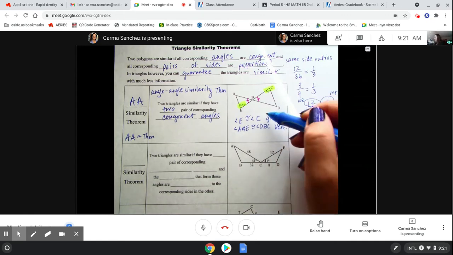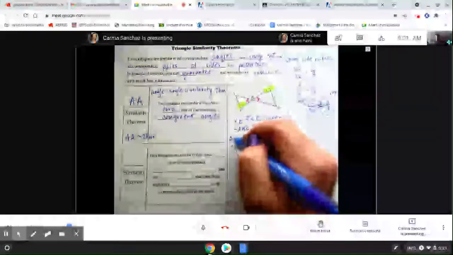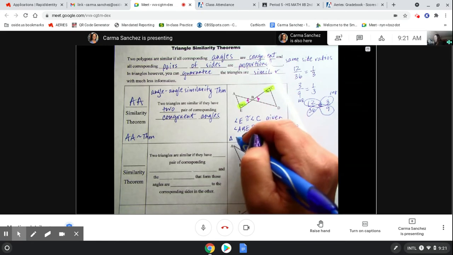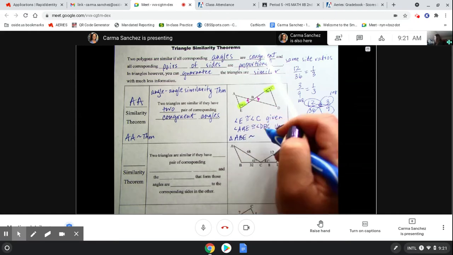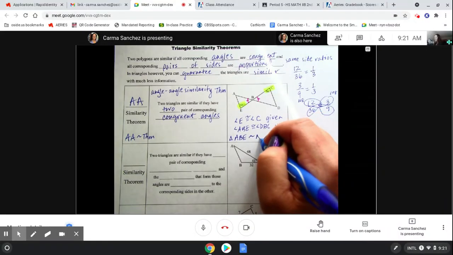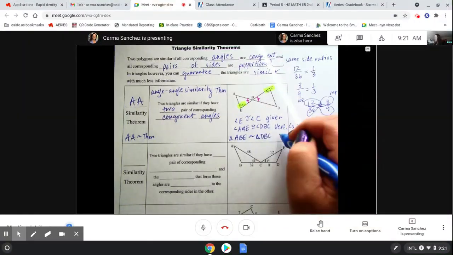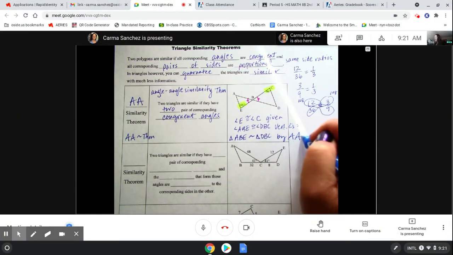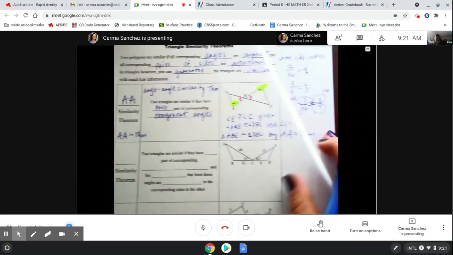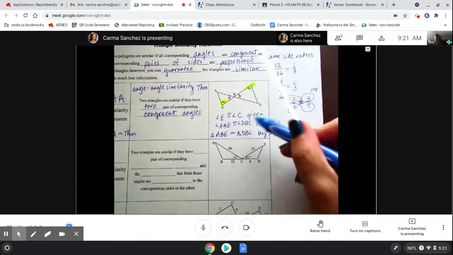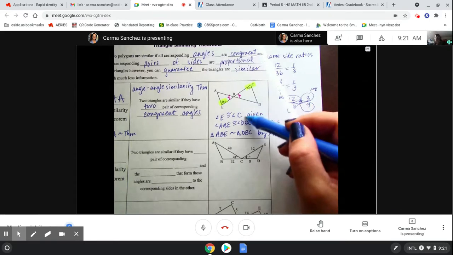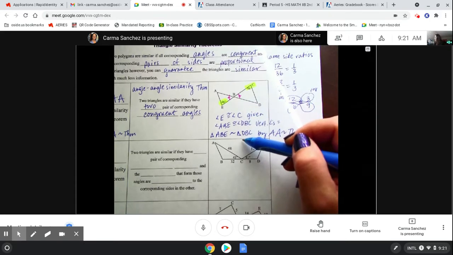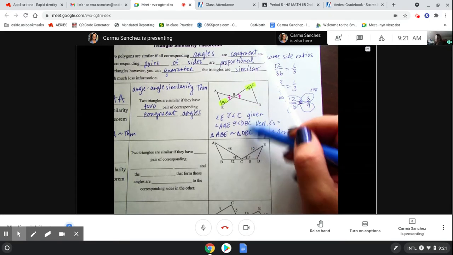Since we have two angles, we now have enough for similarity. We can say that triangle ABE is similar, there's the similar symbol, to triangle DBC by AA Similarity Theorem. Okay, this is our little mini proof for triangle similarity. Again, we can prove similarity with much less than congruency. So it's nice and short.